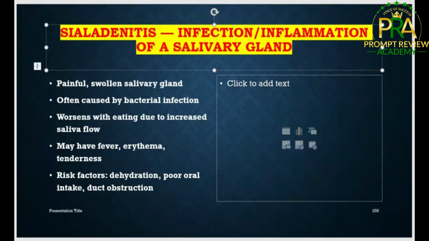Because it's an infection, an inflammation, it worsens with eating. The patient may have signs and symptoms of inflammation like fever, erythema, tenderness.